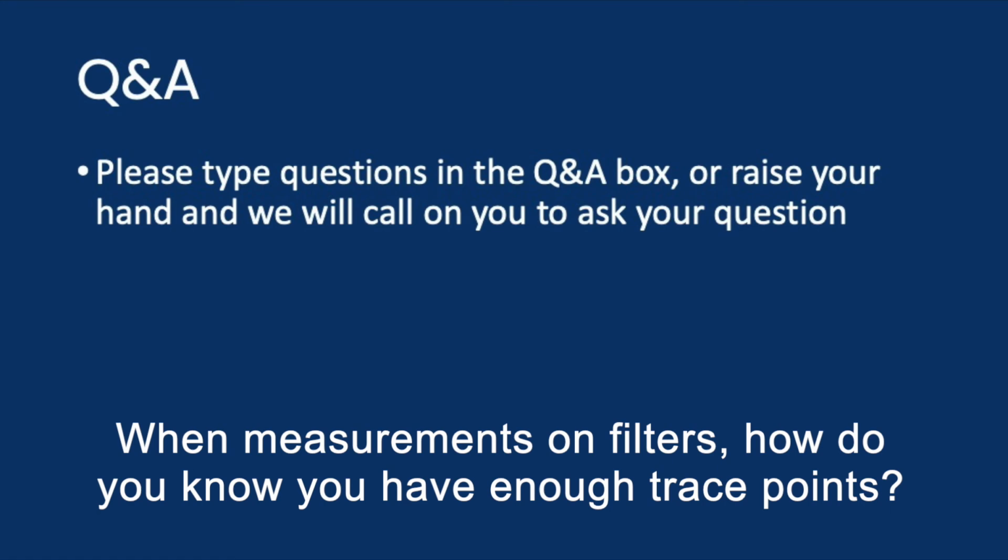The other thing we have is a segmented sweep approach. So maybe you don't need a whole lot of points in the pass band or in the far out stop band, and you're only interested in that transition region.